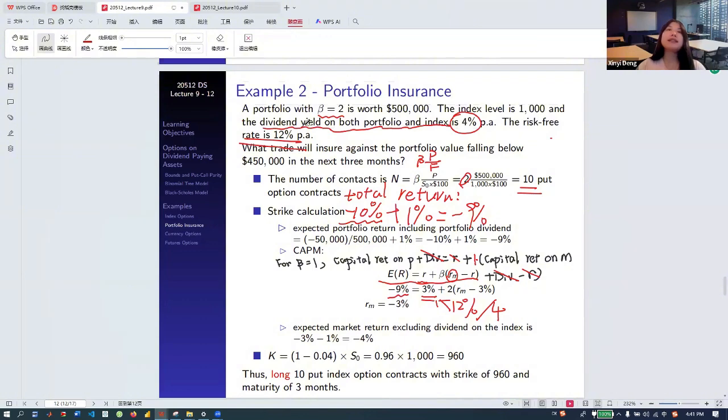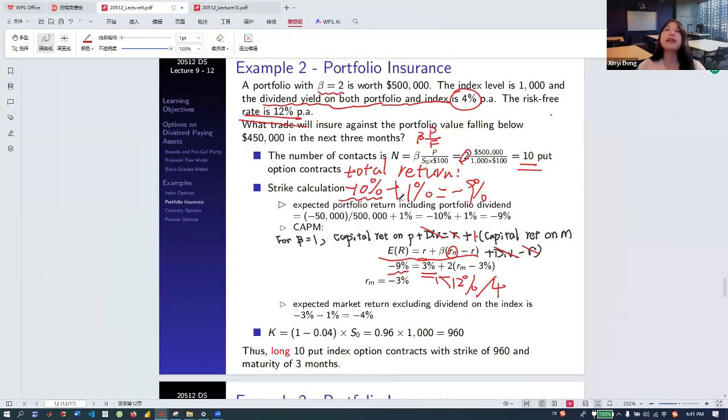Now the strike price is actually associated with the capital return of the market index. Therefore, we have to calculate the capital return on the market index.